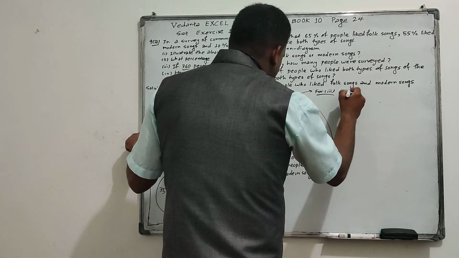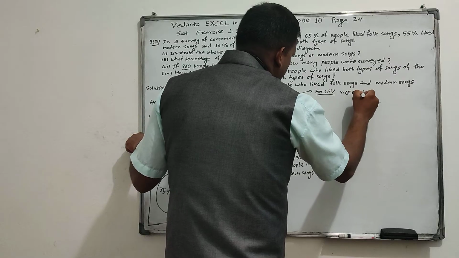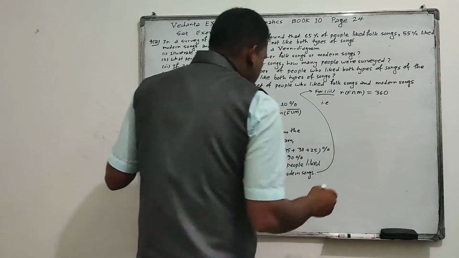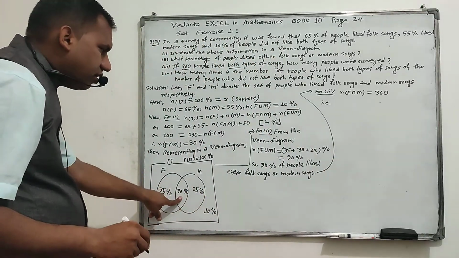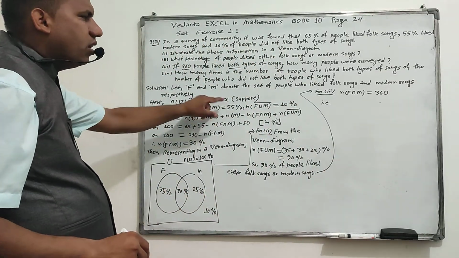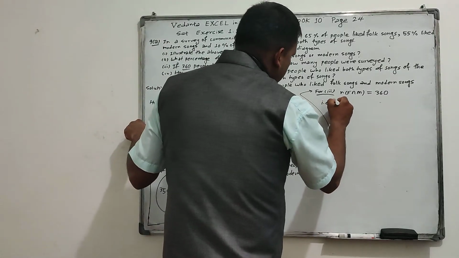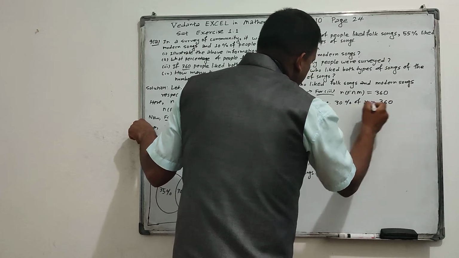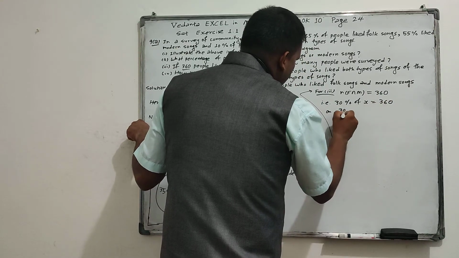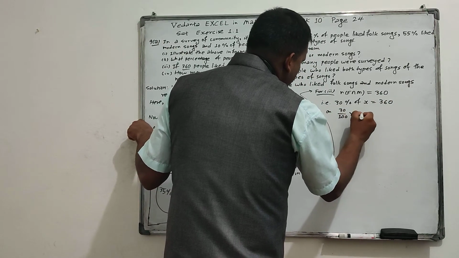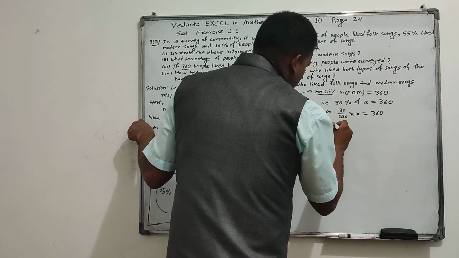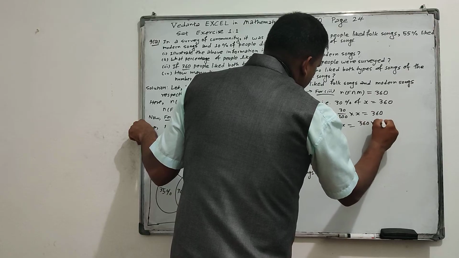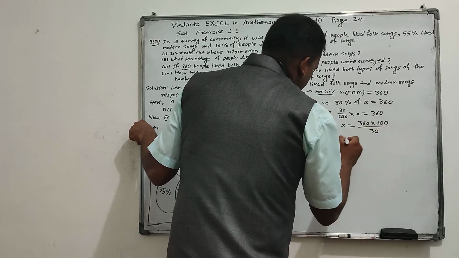Number of F intersection M equal to 360, that is from Venn diagram this 30% of total people X, so 30% of X equal to 360, or 30 by 100 times X equal to 360, or X equal to 360 times 100 all divided by 30.